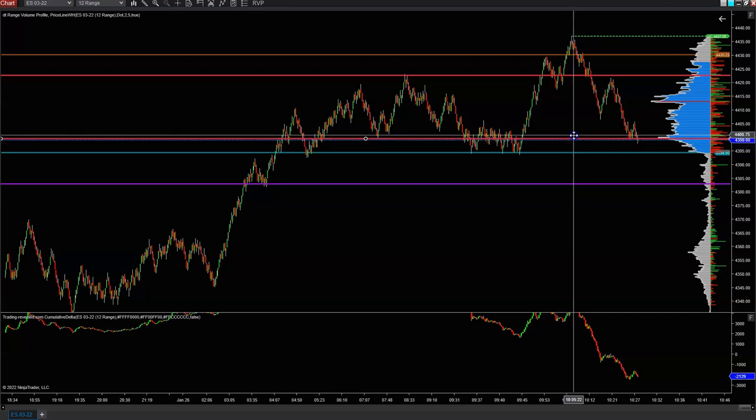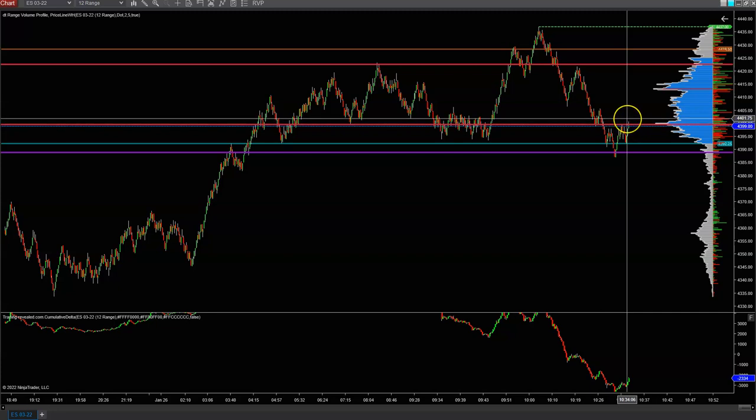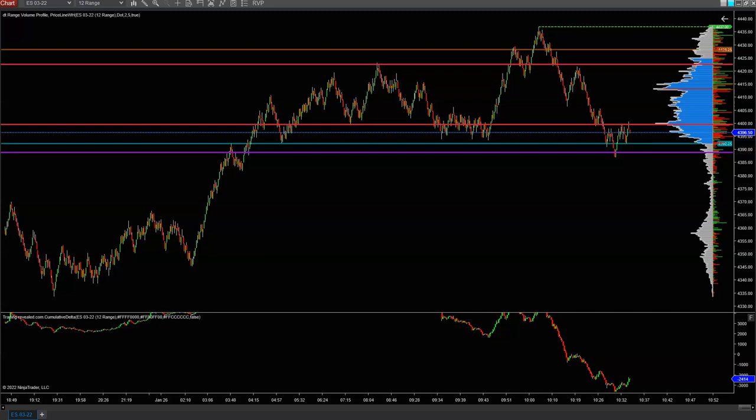All right. Okay, I mentioned I want to see it push a little higher. Okay, I'm still rejecting this area here. Let's see what price does here.